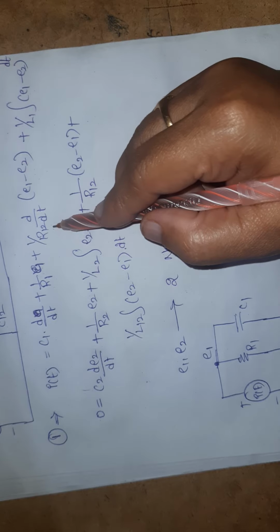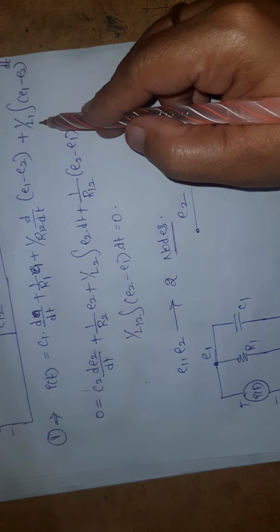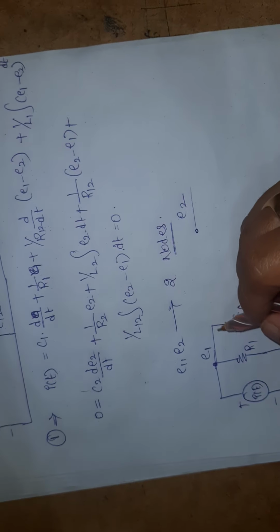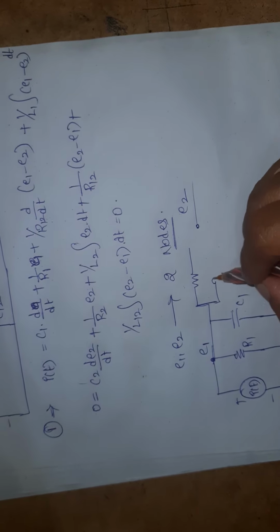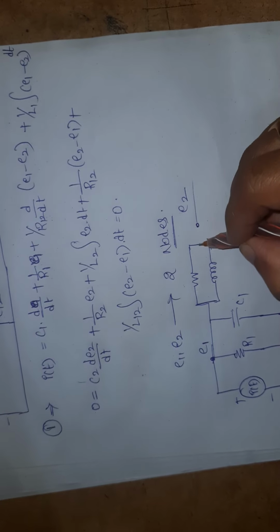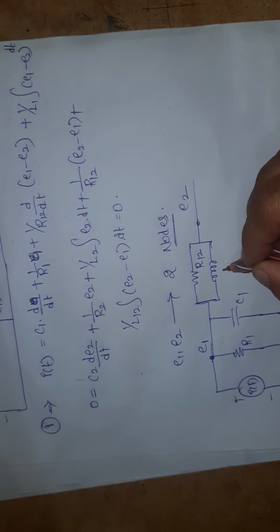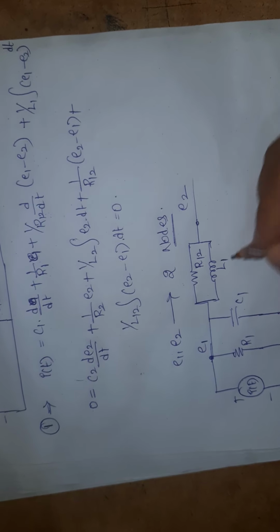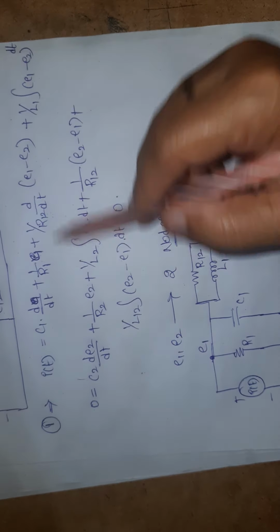What are those two elements? Resistance R12 and inductance L1. So here I am connecting them like this. So this is R12 and this is L1. Okay, so equation 1 is over.